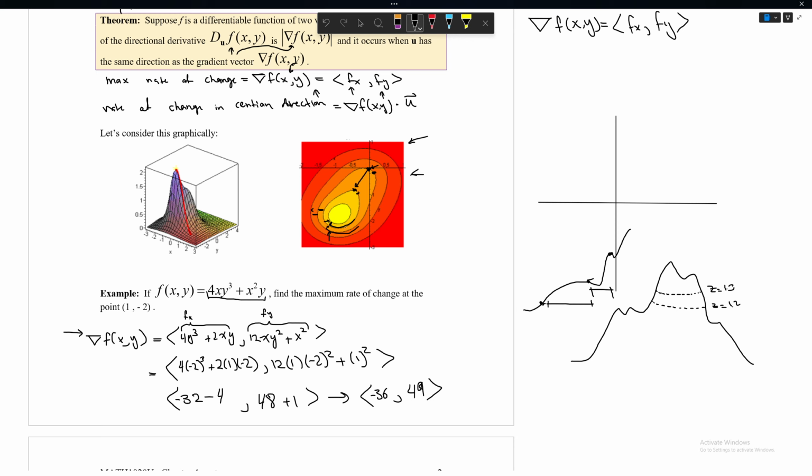So my x now is negative, it goes this way. And then my y goes up. Okay, so now I got my negative 36 and I got my 49. This is the magnitude of my rate of change.